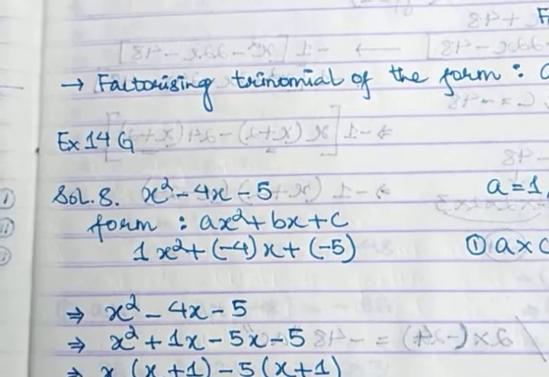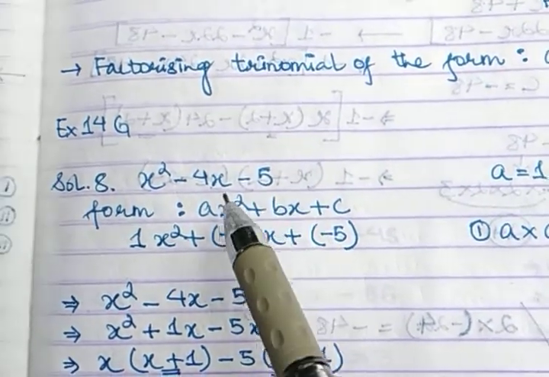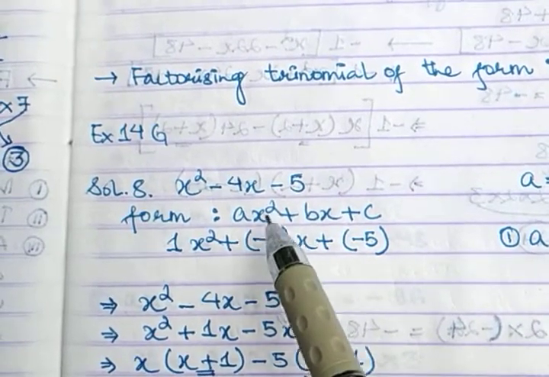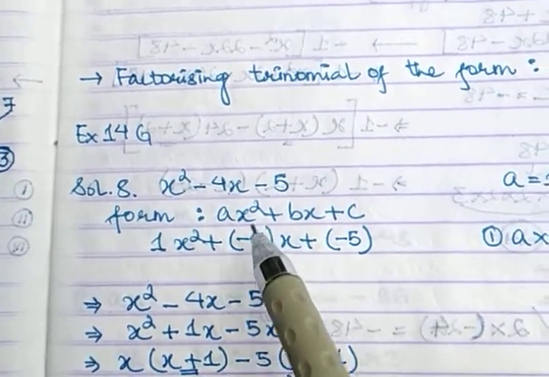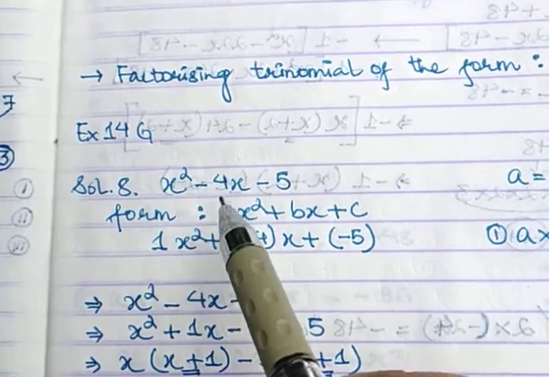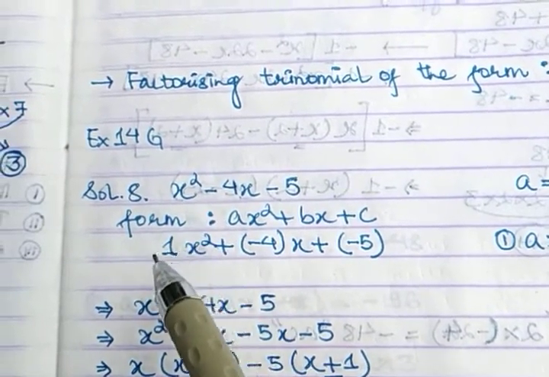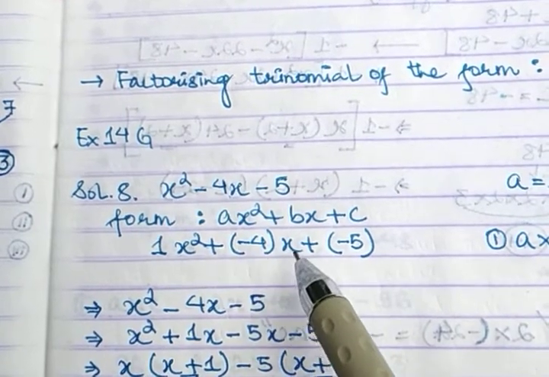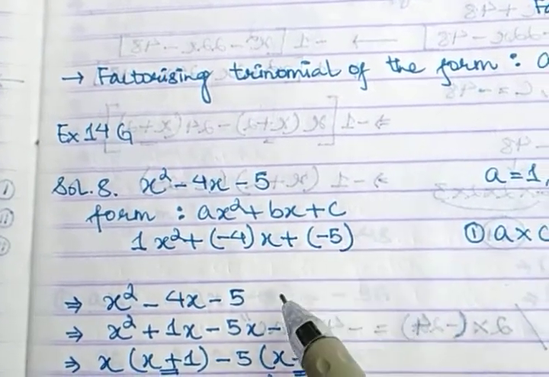I have chosen the question from question number 8. Question number 8 is x squared minus 4x minus 5. What was the general form? Ax squared plus bx plus c, isn't it? So I have converted the question into that form: 1 x squared plus, within the bracket, minus 4x, plus, within the bracket, minus 5.